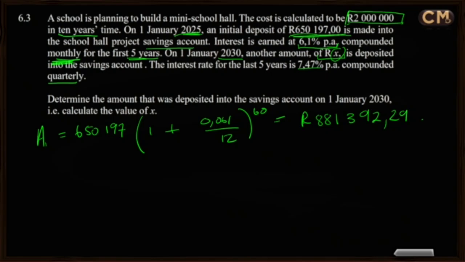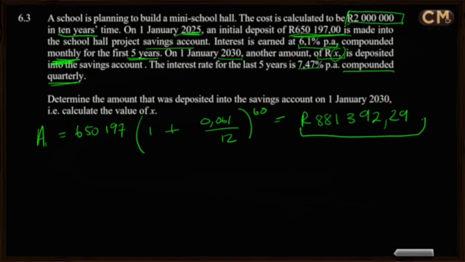Then for the rest of this, we need to calculate what X is. Of course, that amount of X gets added onto this amount here. This 881,392 rand and 29 cents has an X amount added on top of it, and then that amount grows for the rest of the period, which of course is 20 periods because we have a quarterly compounding that happens.